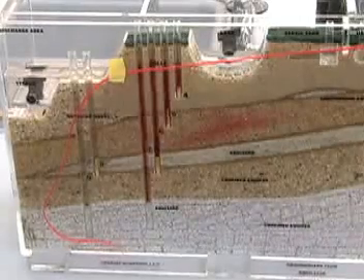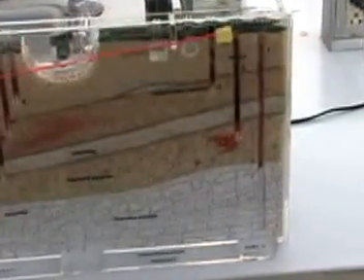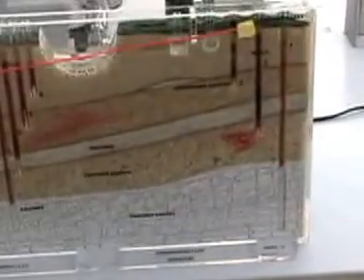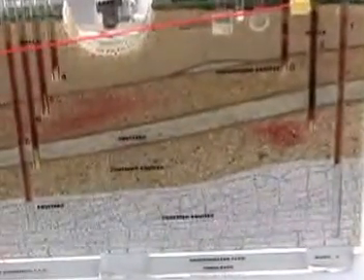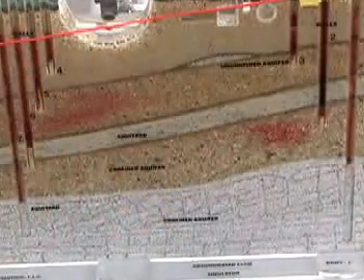We can also add some dye to this confined aquifer. And again, we can measure the flow, the time it takes to move along.